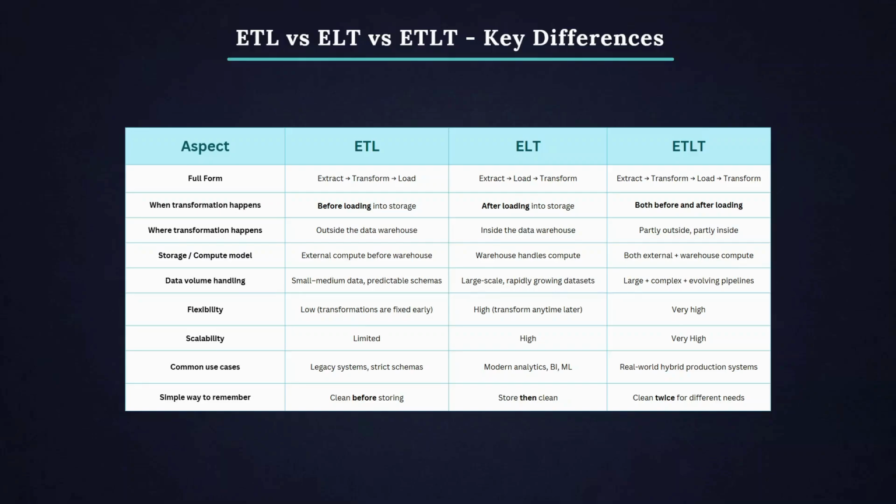Now, ETLT sits in between them. Some transformations happen before loading and additional transformation happens after loading. This makes ETLT ideal for real-world production systems, where the data is complex and requirements keep on evolving over time.